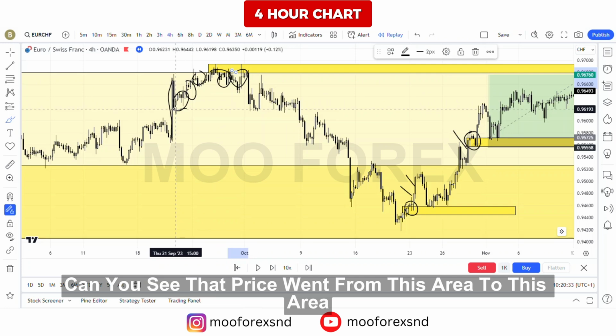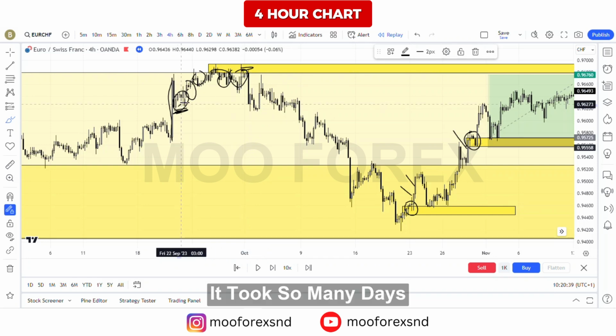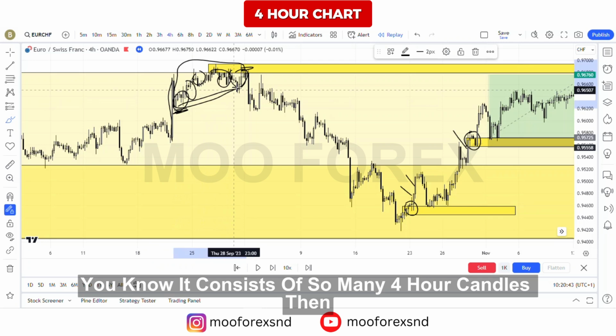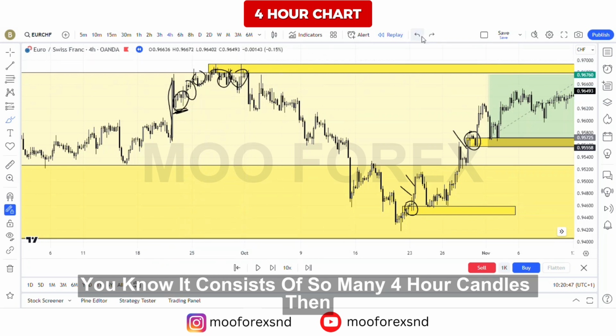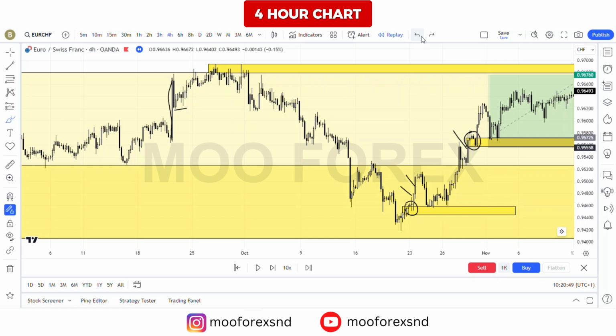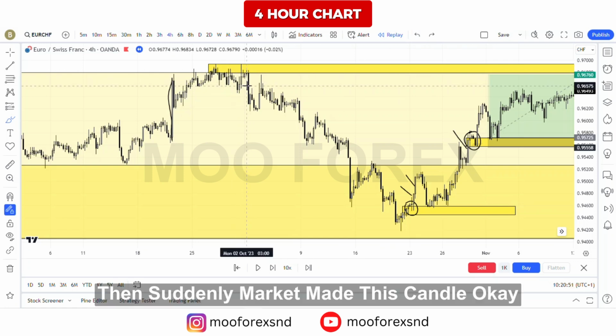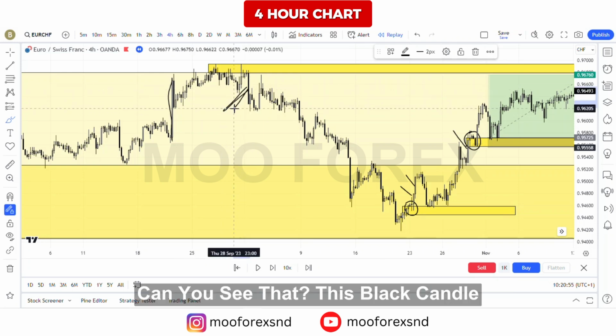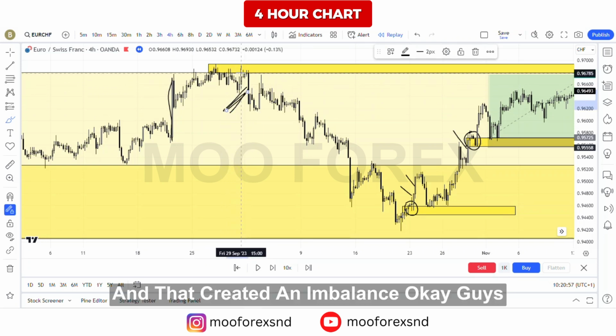Can you see that price went from this area to this area? It took so many days, it consists of so many 4-hour candles. Then suddenly the market made this candle, this black candle. Can you see that? This black candle created an imbalance.